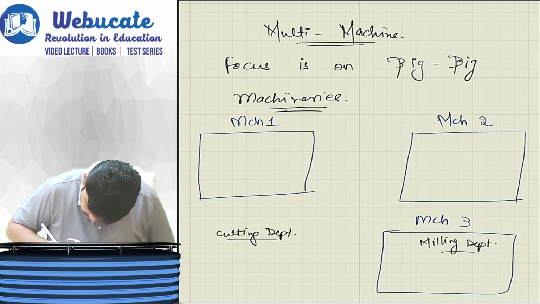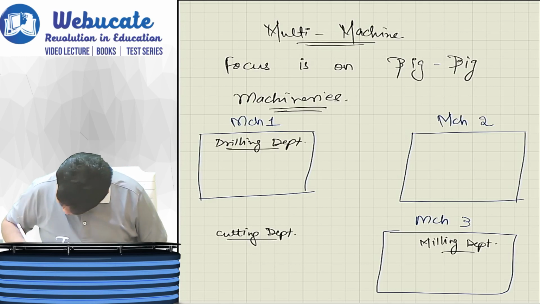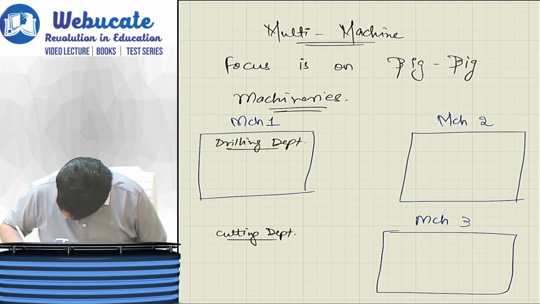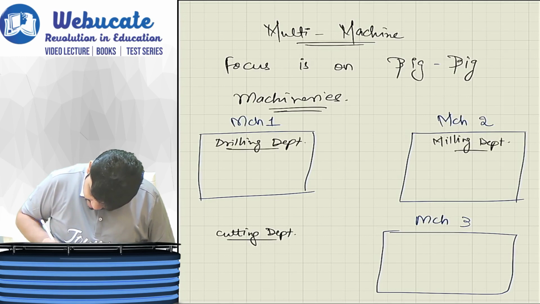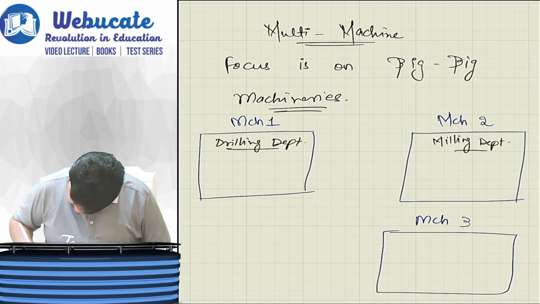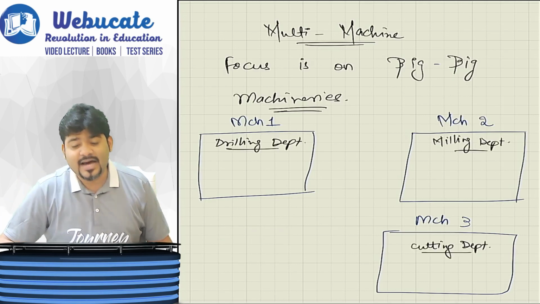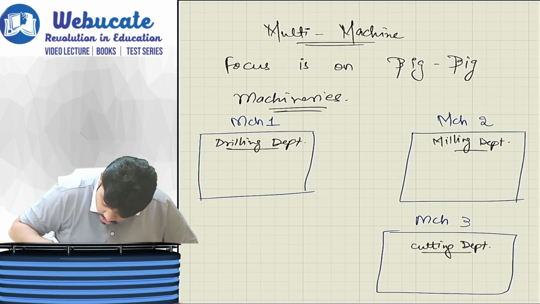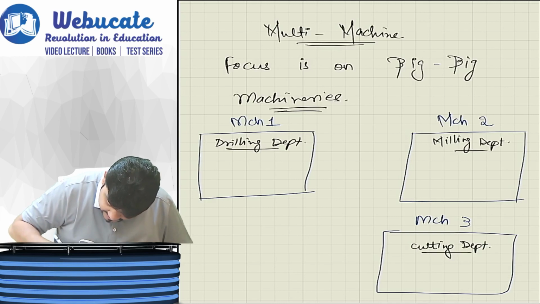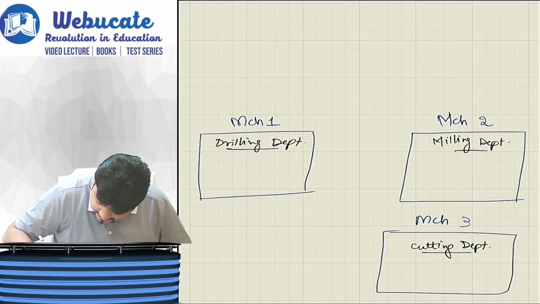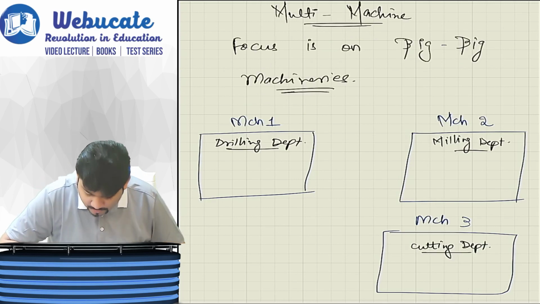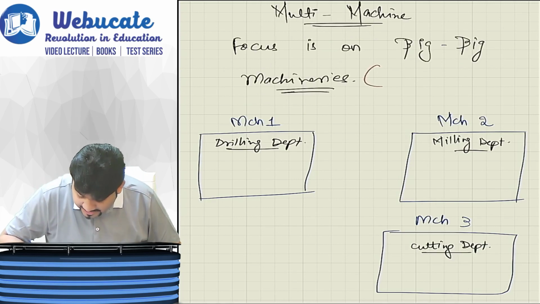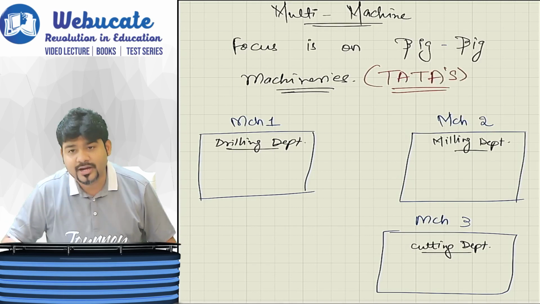Drilling, then we have the milling, and then we have the cutting. Suppose these are the three departments. And obviously, if I talk of Tata's, they are the biggest brand that India has seen, into so many products.